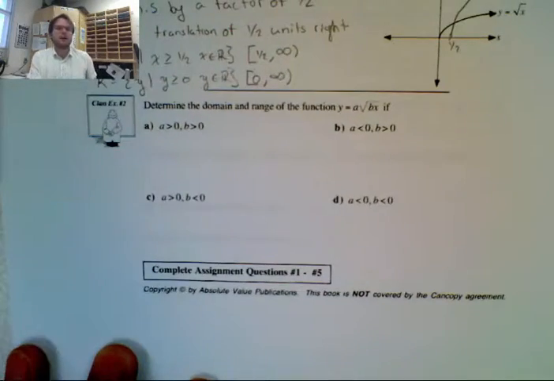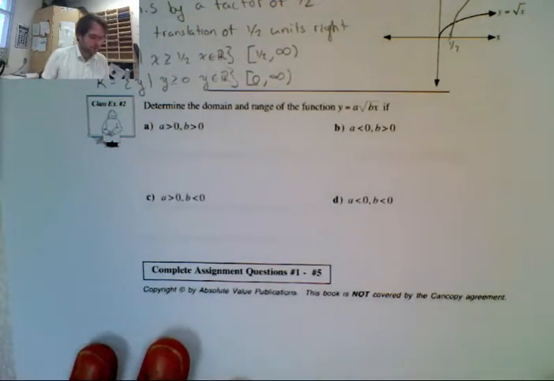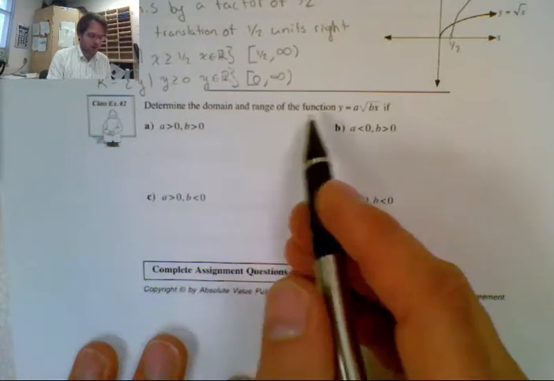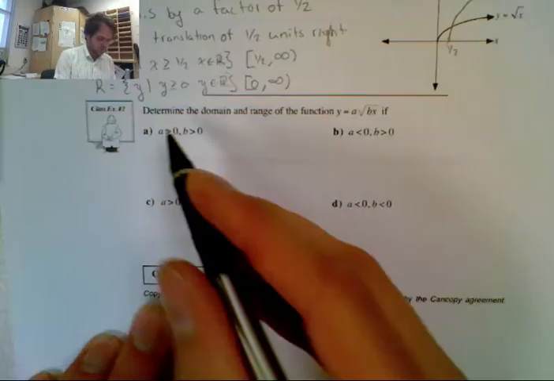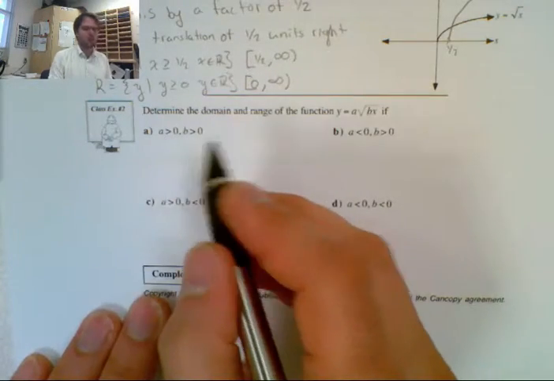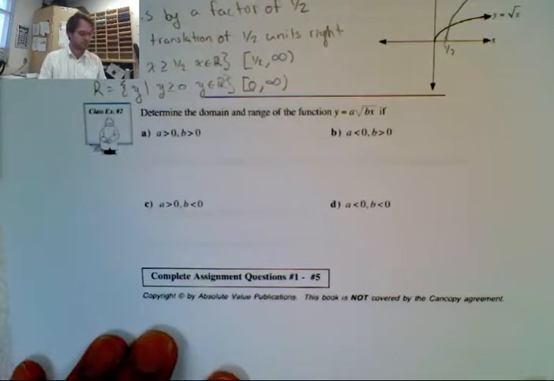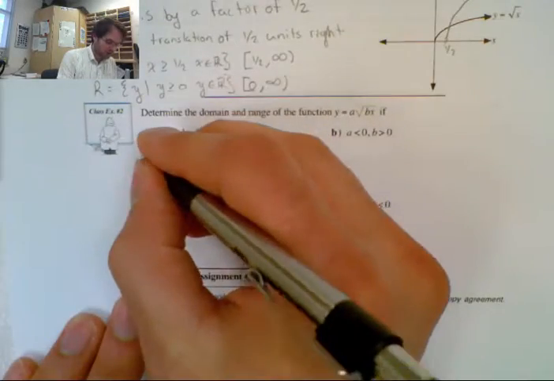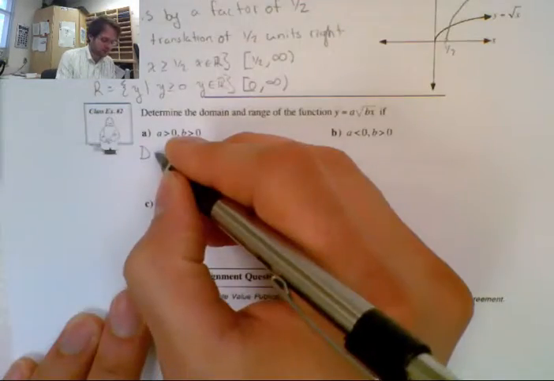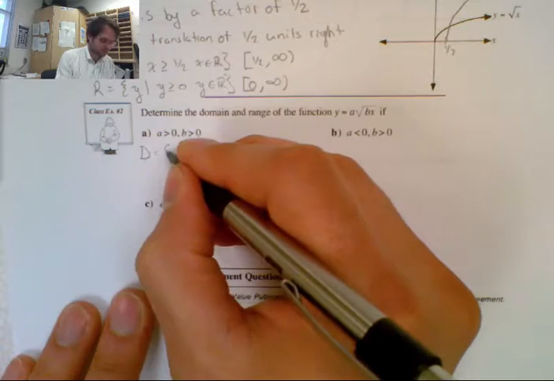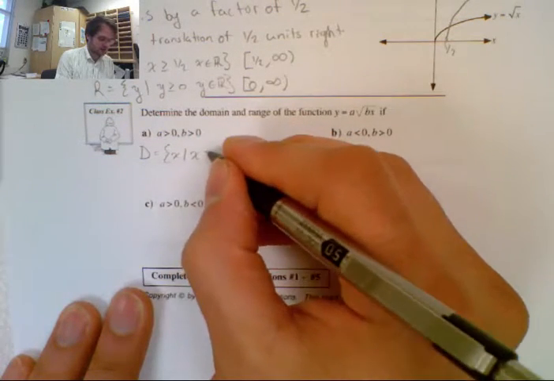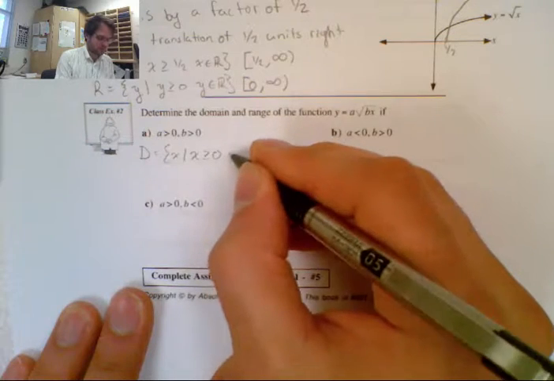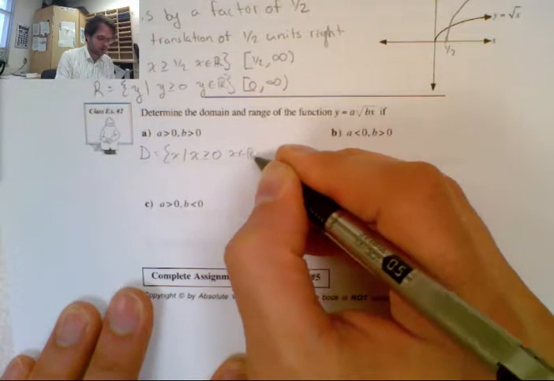So now we're going to look at question number 2. It says, determine the domain and range of this function given the following restrictions. So here it's saying a is greater than 0 and b is greater than 0. So my domain for this, when a is positive, is always going to be, we're going to look at x such that x is greater than or equal to 0, and x is an element of all real numbers.